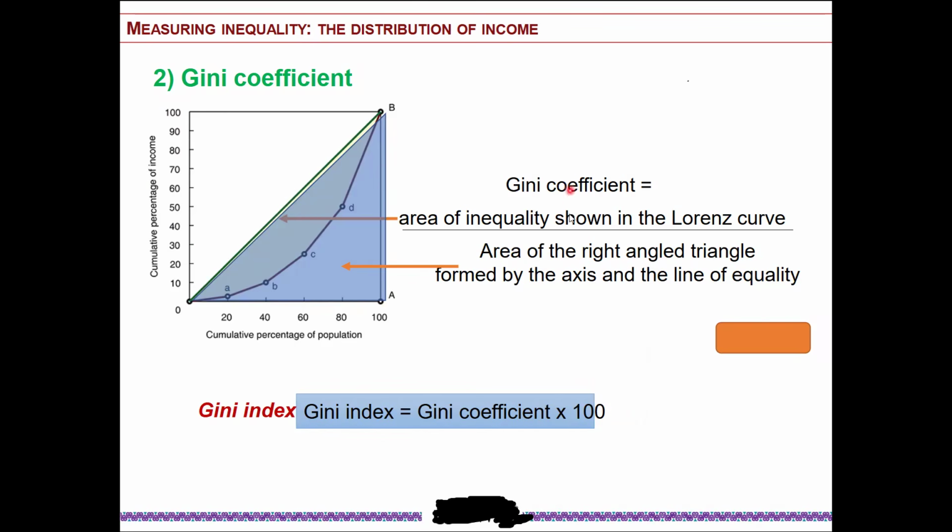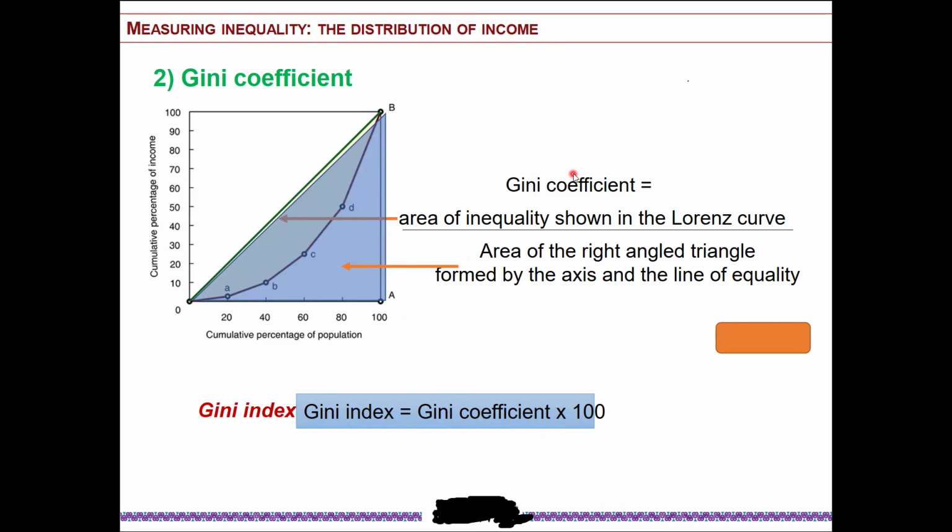So that's how you calculate the Gini coefficient: you say the area of inequality, 0BDCBA, this area here, divided by BAO, and you get the Gini coefficient.